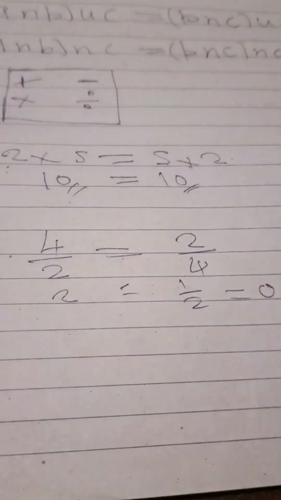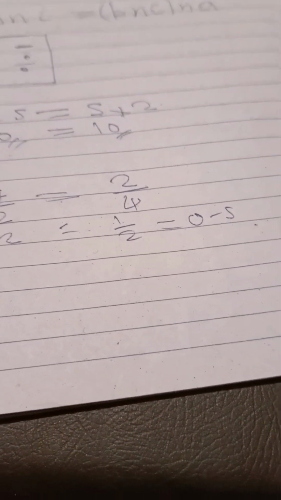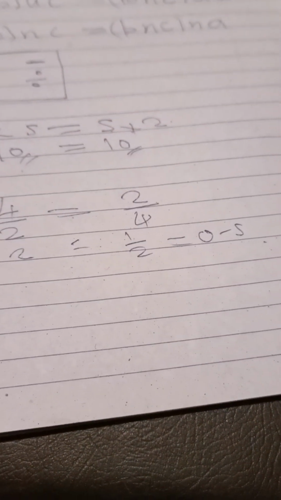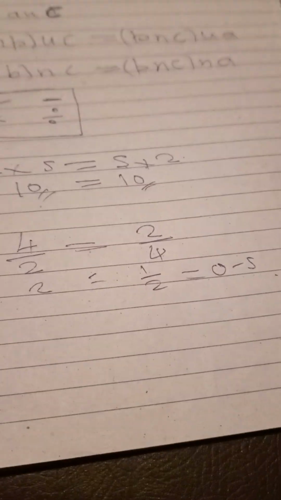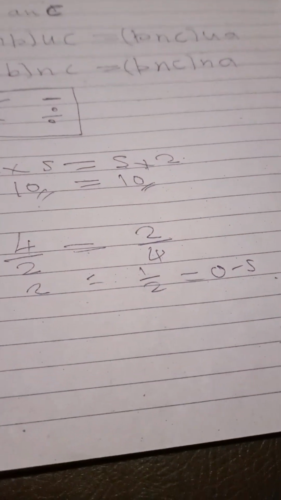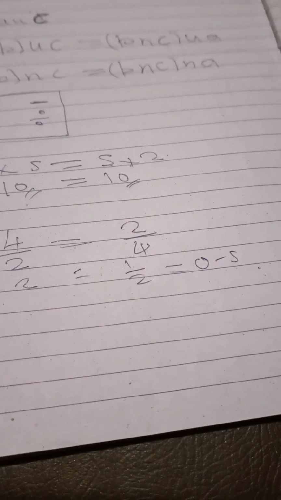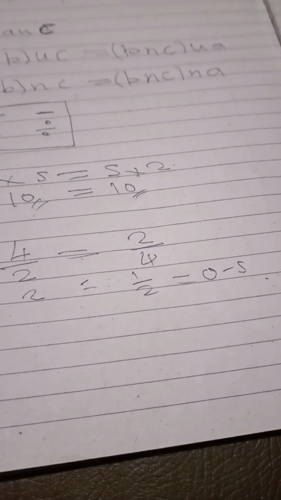So in this case, 2 is not equal to half, so this does not qualify as associative. Having this concept, now we can perform the binary operation given any questions because we have the tips at hand.